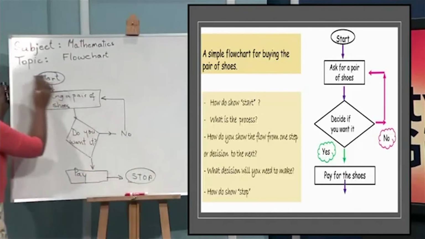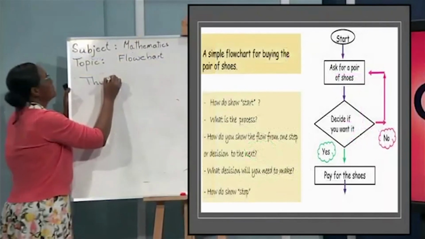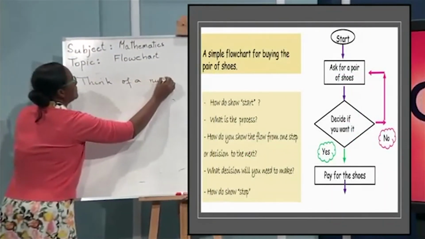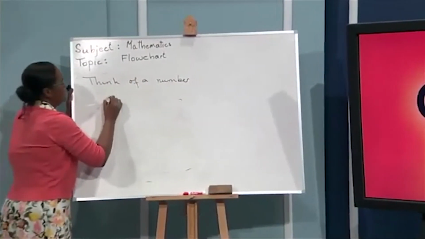Let's look at a flow chart that is closer to mathematics. All right, suppose we go back to the think of a number question. Think of a number, and double it.